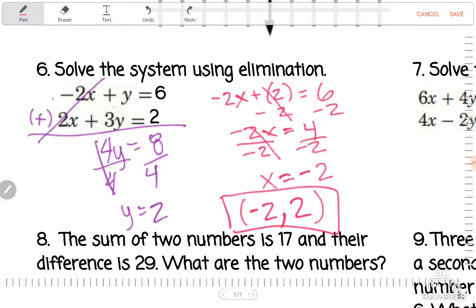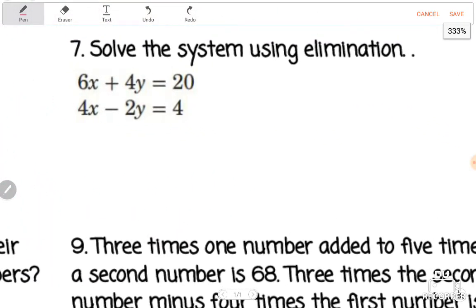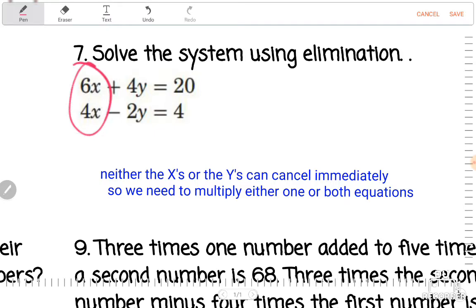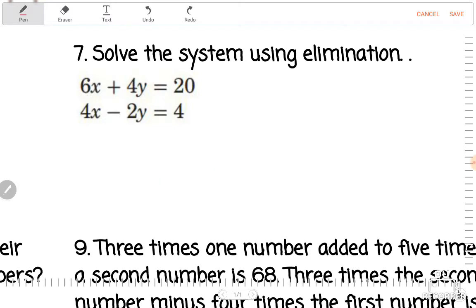All right, number 7 is another elimination problem, but you can see that the x's aren't ready to cancel out and the y's aren't ready to cancel out. So what you need to do is multiply. And I think the easiest thing to multiply here is the second equation.